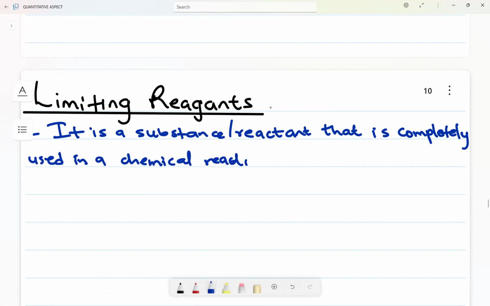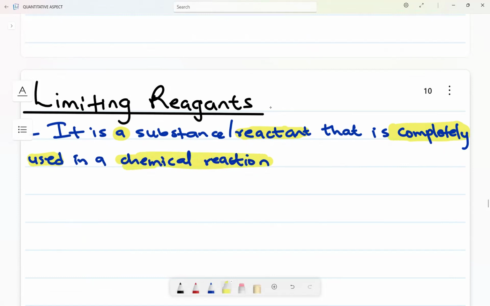Very important. A substance or, more specifically, a reactant that is completely used in a chemical reaction.